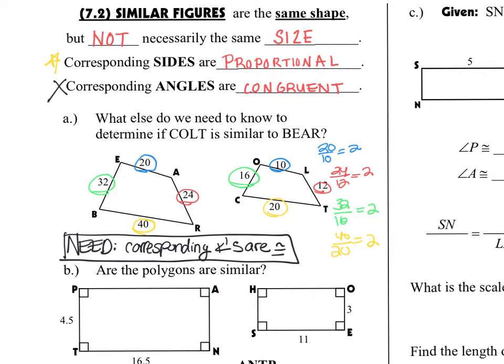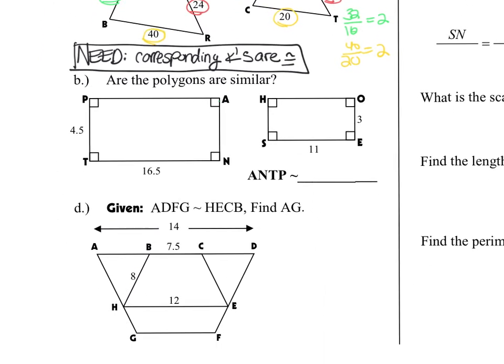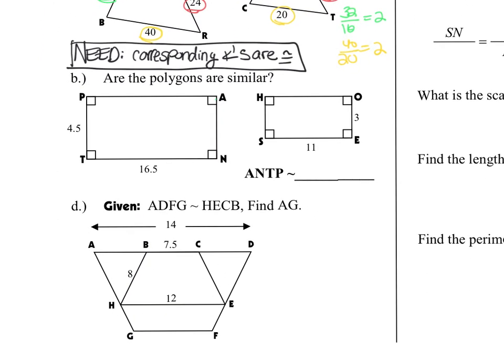All right, if we look at example B, it wants to know if these polygons are similar. So if we start by looking at the sides, we have 4.5 over 3.